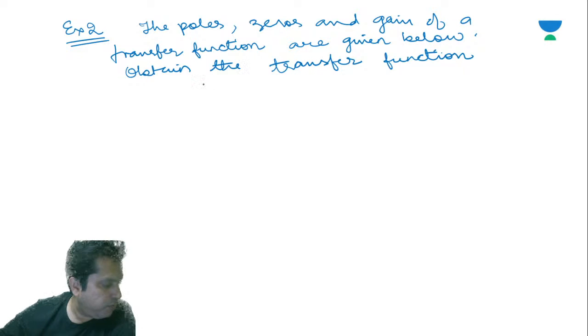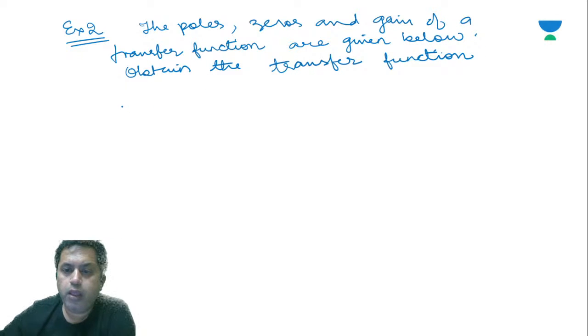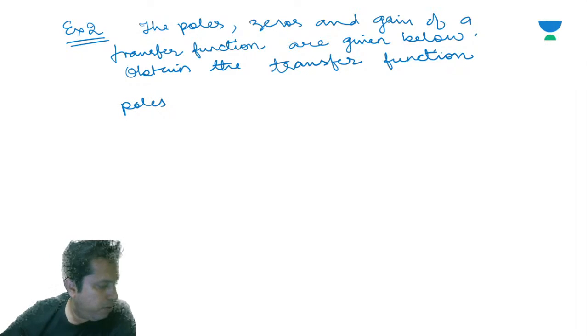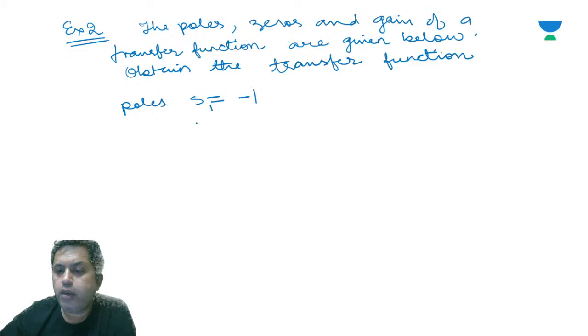Obtain the transfer function. Poles are at s1 equal to -1, s2 equal to -2.